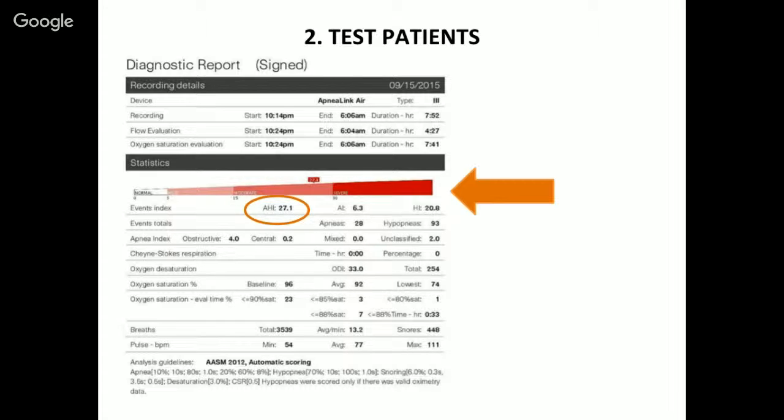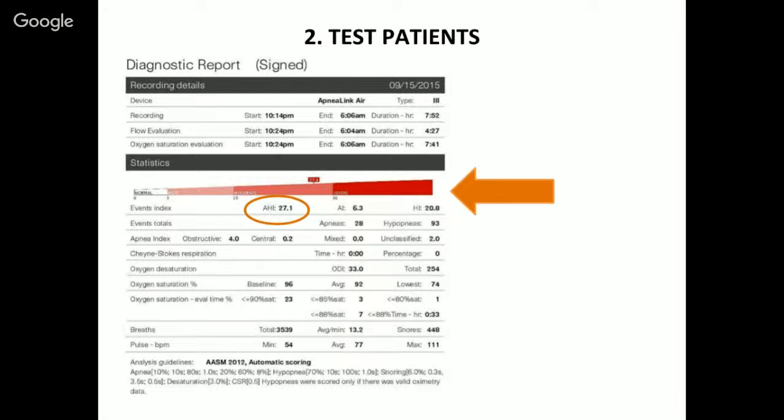They had their oximeter on for 7 hours and 41 minutes. But only 4 hours and 27 minutes covered the flow. But that's okay. That was enough time to show that this patient has an AHI of 27.1.